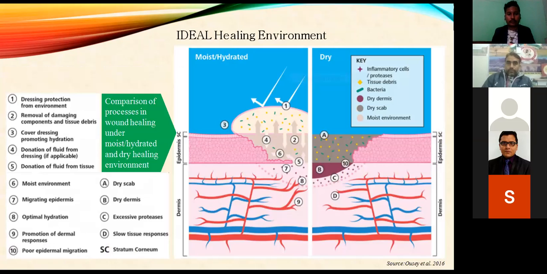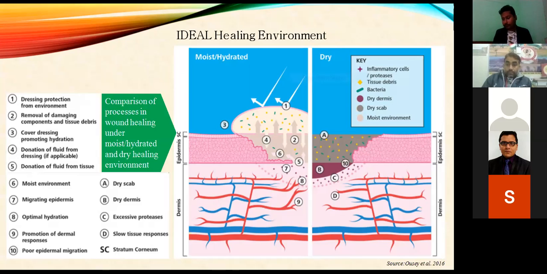To curb the oxidative stress and inflammation, we need a good wound healing agent that can provide some features to the wound. This is an ideal healing environment, versus the dry healing environment. What is the difference? The formulation or dressing should protect the wound from the surrounding environment, from debris, pathogens, and dust particles, and cover the whole wound.